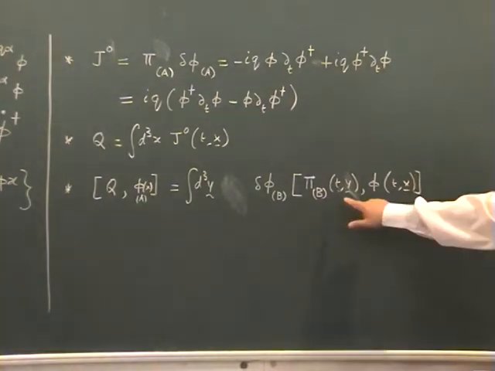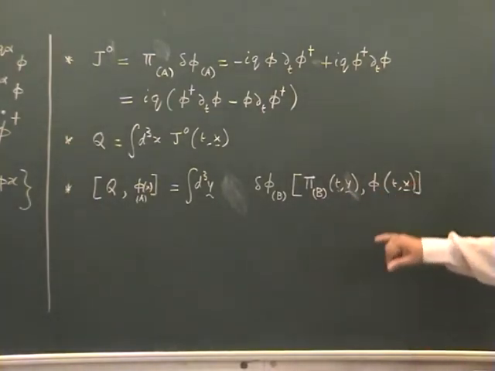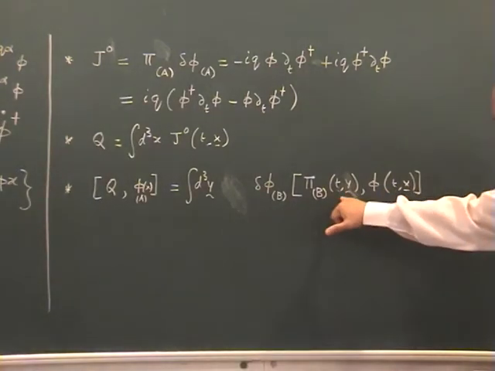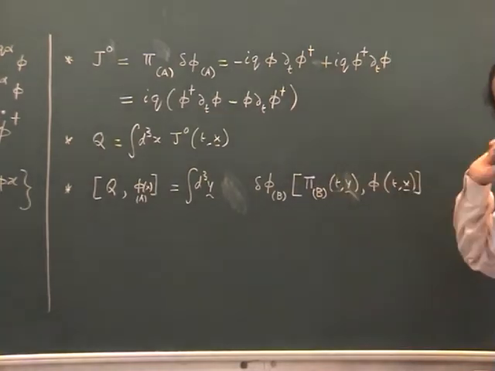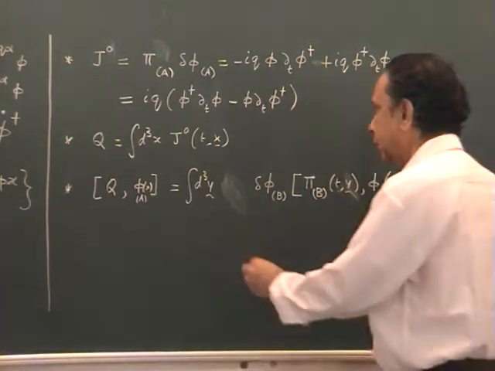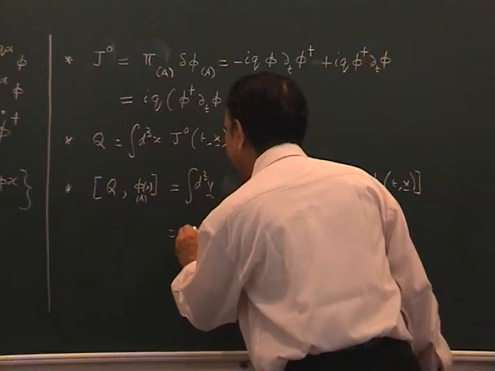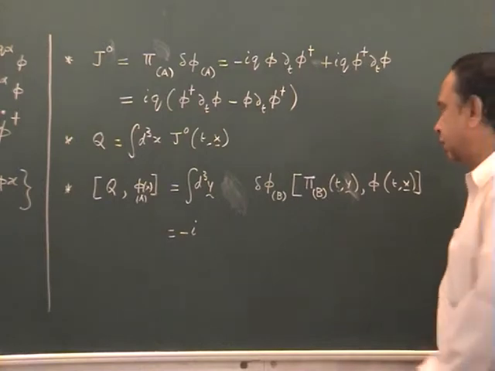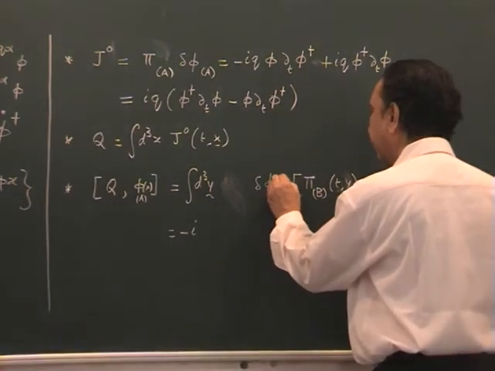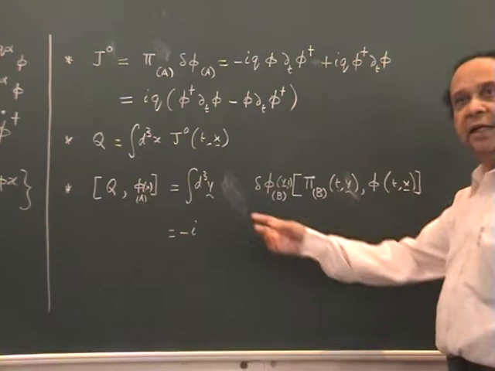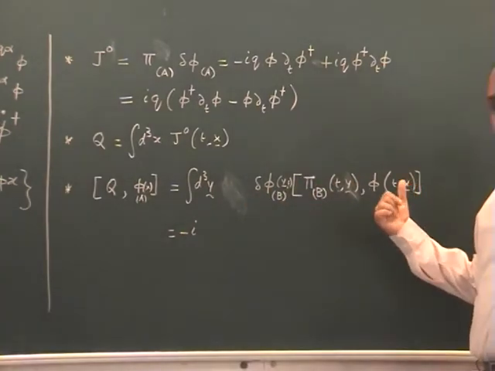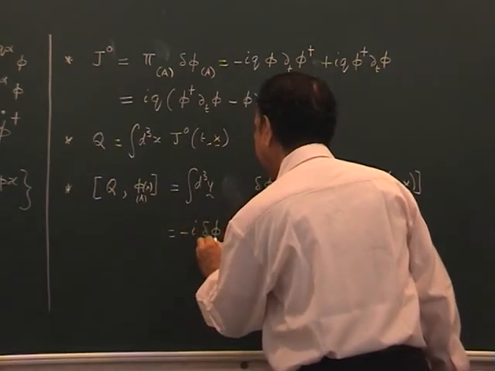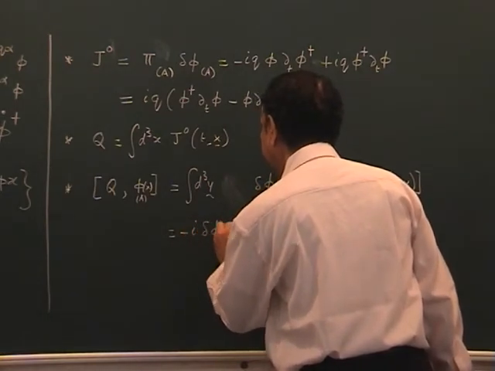Okay, this by definition we know is going to be a Dirac delta function, but because it is phi and pi, and pi with phi is I times Dirac delta function, this has a flip of sign. So this is going to be minus I. There is a Dirac delta function on y minus x. This is evaluated at y and integrated over dy. So that is going to give you x. So you get delta phi a at x.